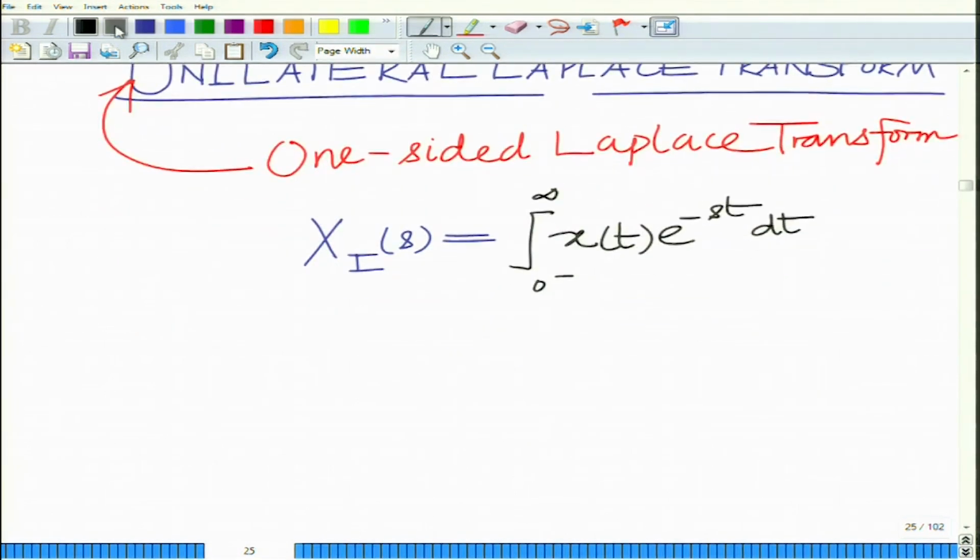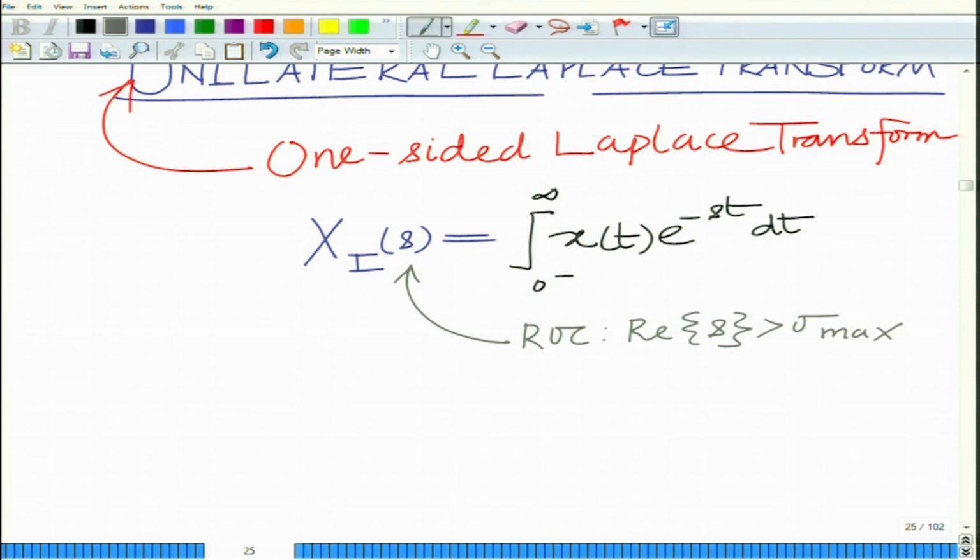Okay. And therefore, now the ROC, now look at this, we are clearly considering a right handed signal, therefore, ROC is of the form, when we are looking at the unilateral transform, we are considering a right handed signal. So ROC will be of the form real part of s greater than sigma max.